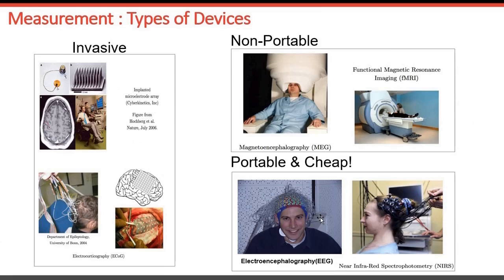So invasive usually involves implanting electrodes inside the skull, on top of the brain or deep inside the brain. So invasive basically involves opening up the skull and then putting the sensors directly on top of the brain. So it requires surgery. In one of the video demonstrations I showed related to the BrainGate project, they implant these kind of grid type of sensors.